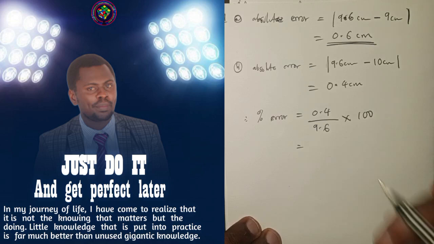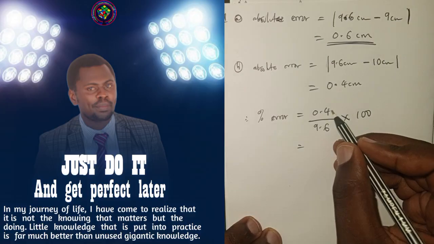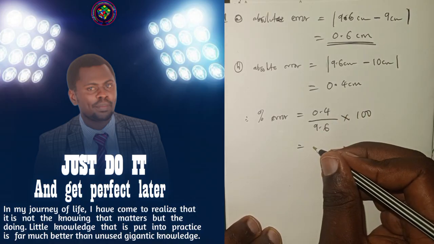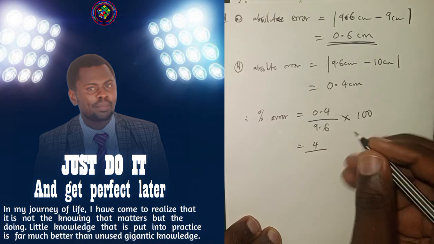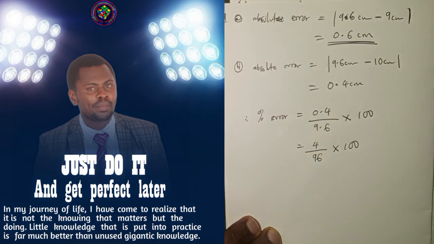We have decimal places, so we need to get rid of them. There's one decimal place and one decimal place, so the highest is 1, so you multiply by 10. If we had two decimal places, we would multiply by 100; if 3, by 1000. So 0.4 times 10 gives 4, over 9.6 times 10 gives 96. Then you multiply by 100.